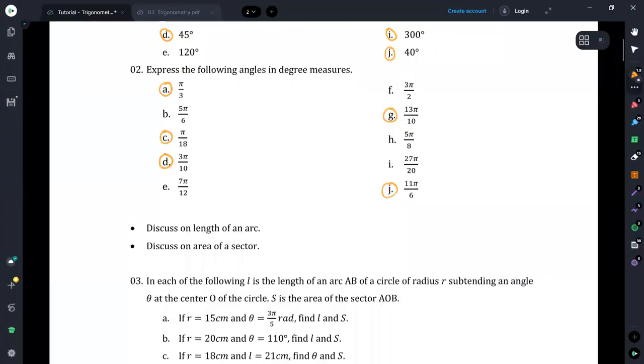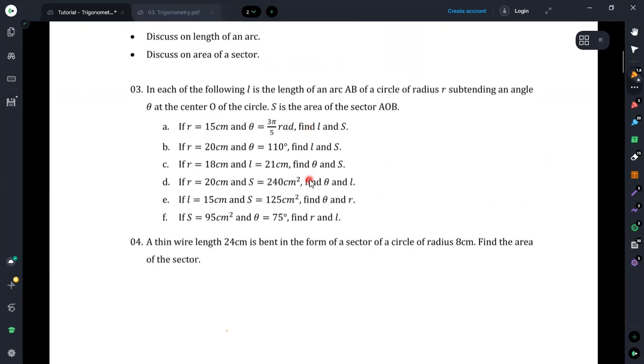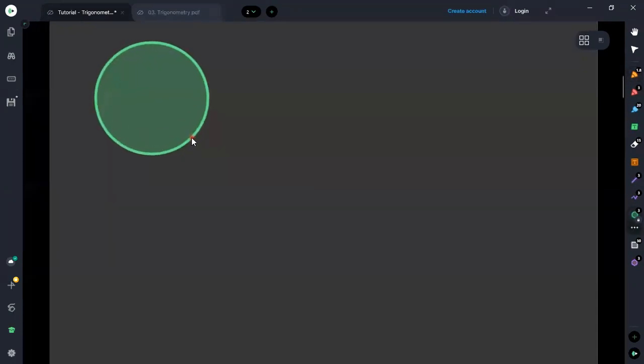Now we will discuss another theoretical quantity which is used to find the length of an arc and the area of a sector. Suppose we have a circle in this form, and here we'll consider this as the center of the circle.